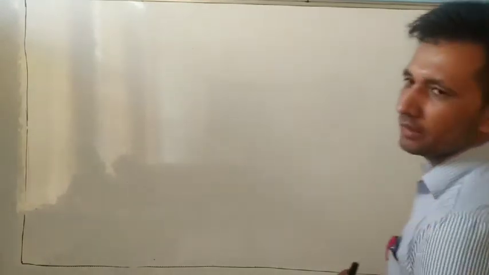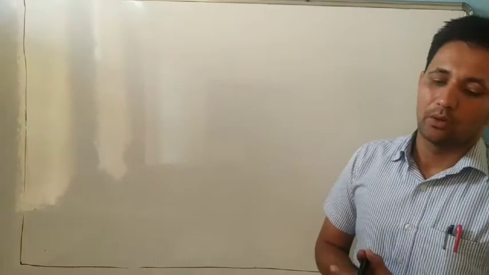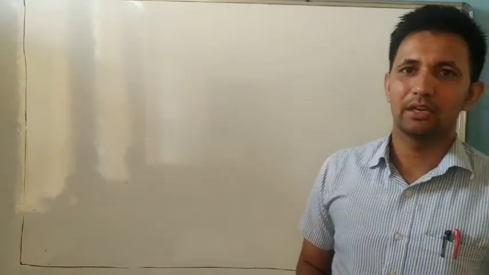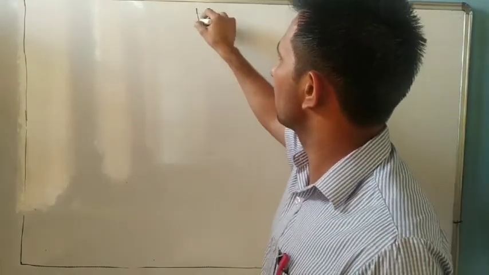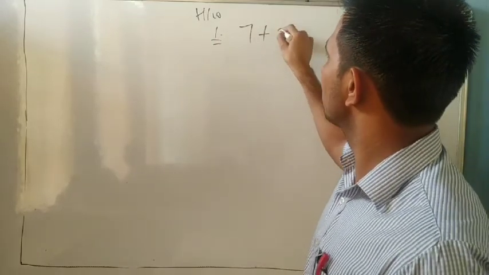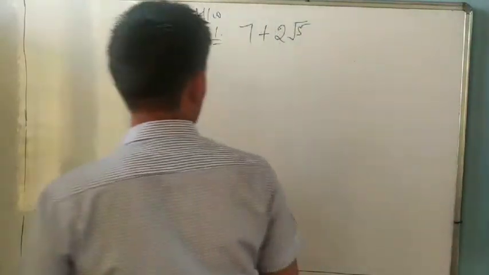So thank you everyone. Now we will do the next exercise in the next class. Please do exercise 1.3, and it is very important. Understand or not? I am giving you two more questions for homework. Prove that 7 plus 2 into root 5 is irrational.